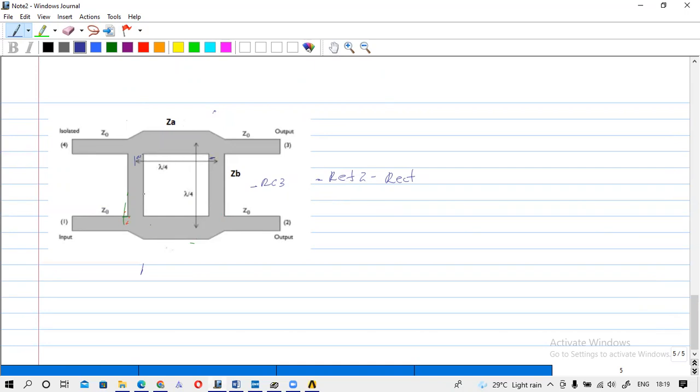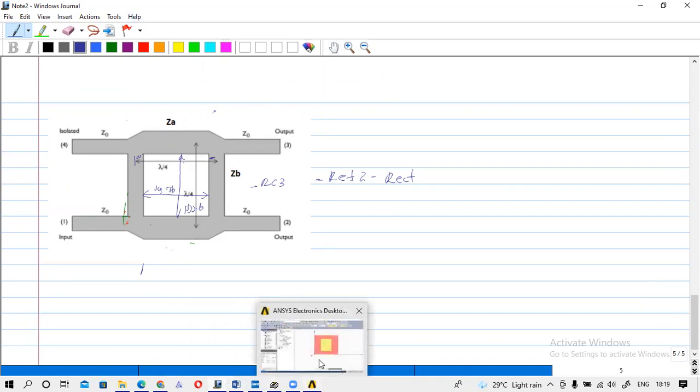Then from here to here I get 14.76, and here from here to here I get 13.8. Okay, 13.8.